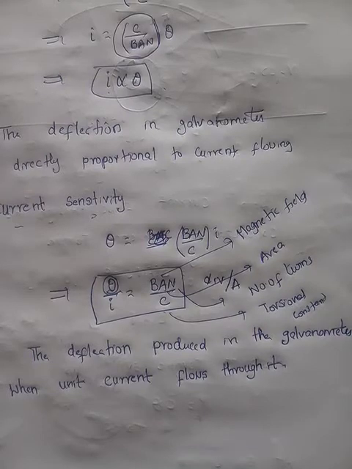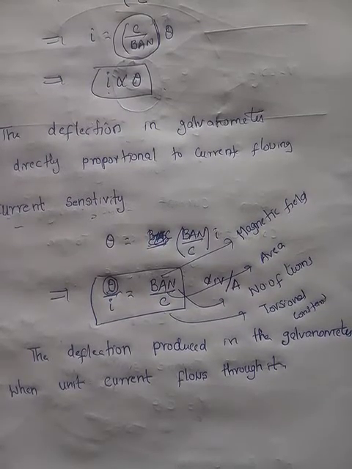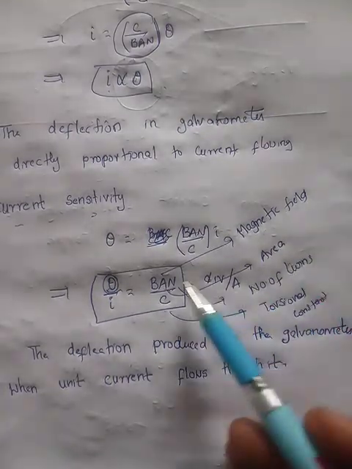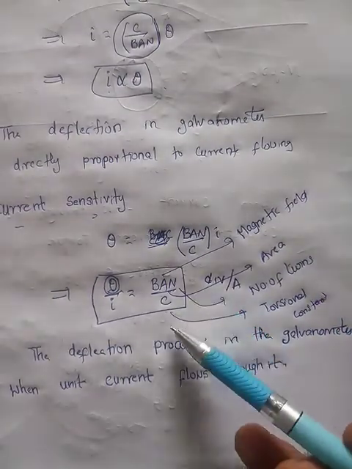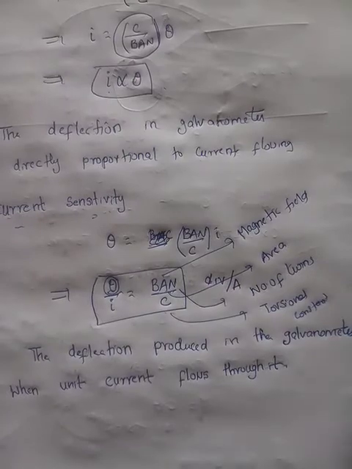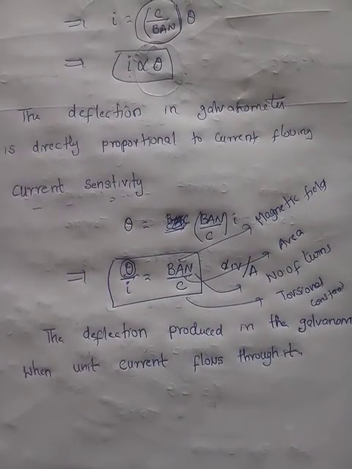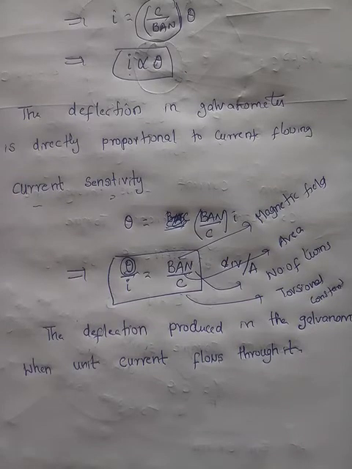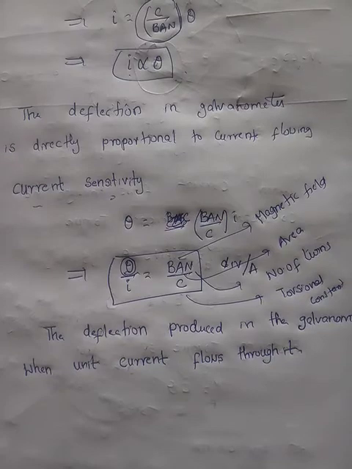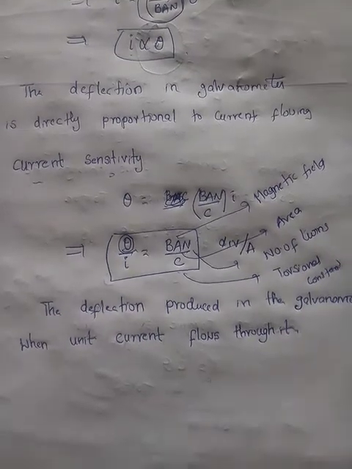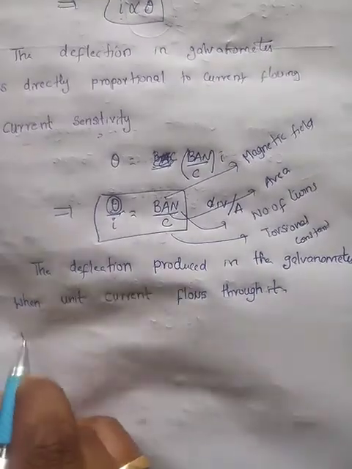Someone may ask how you can increase the current sensitivity. By increasing BAN or by decreasing C, we can change the current sensitivity. So the deflection produced in the galvanometer when unit current flows through it is called current sensitivity.